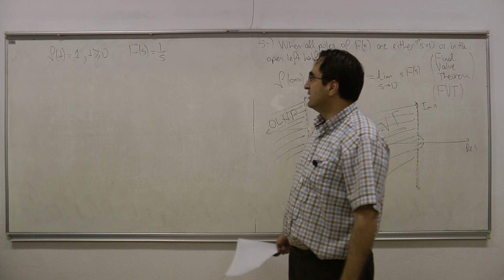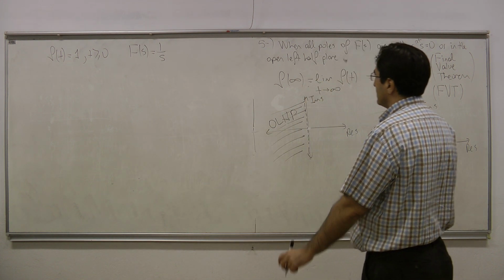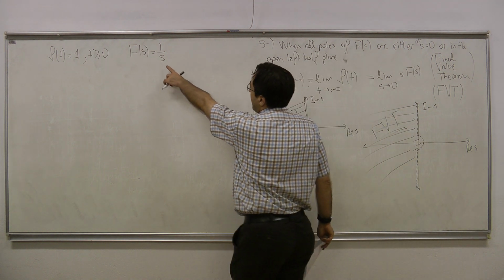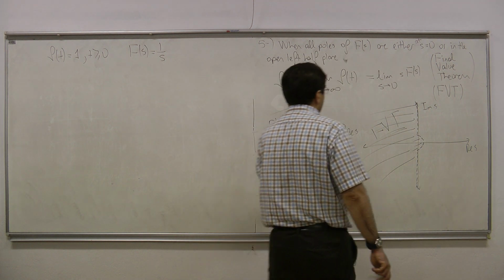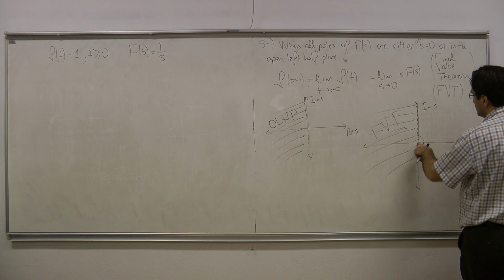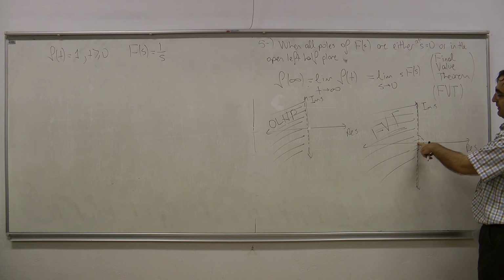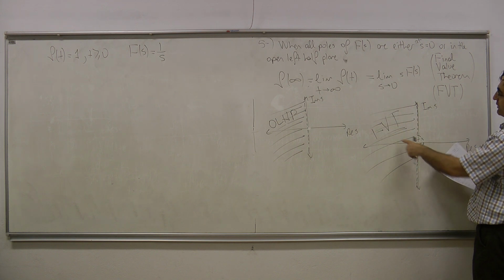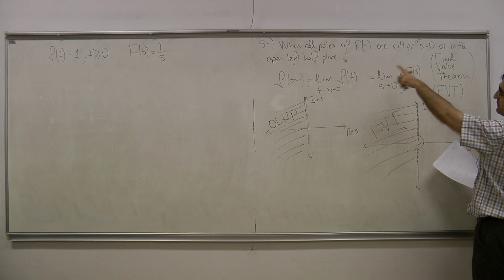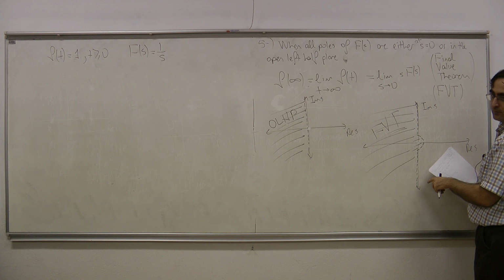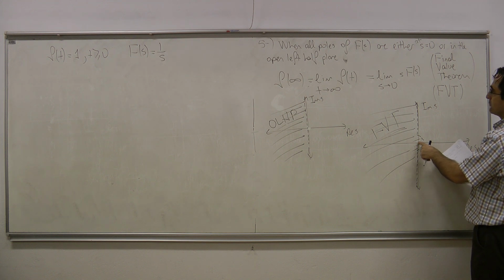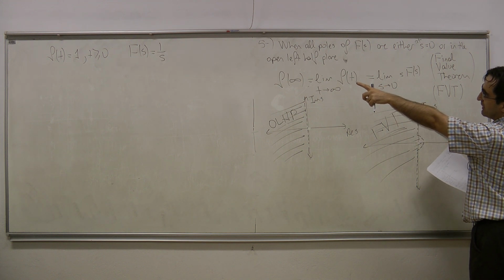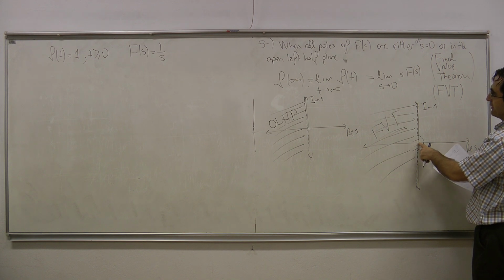Why is that? It is because this function has a pole at the origin, okay? Here. And this pole is in the allowed region given in the final value theorem. So there is only a pole of that function at s equals 0, in the allowed region.